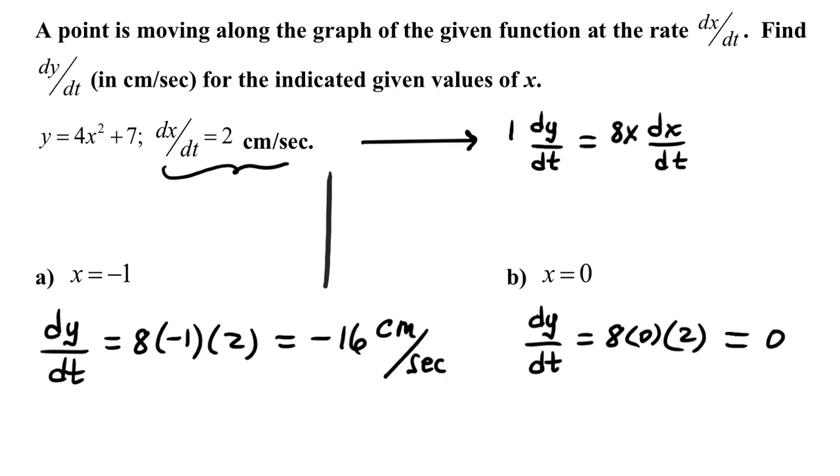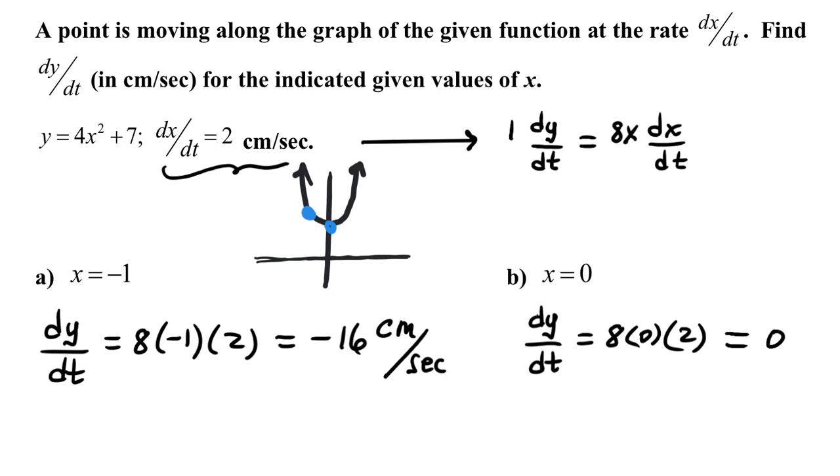This won't be a superb drawing, but I'm going to at least try to sketch this out for you. Okay, so 4x squared plus 7, we have a parabola that's steep, opens upward, and then we also have certain points that we're asked to discover.